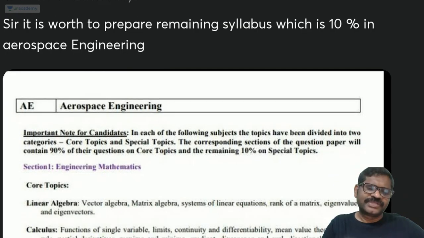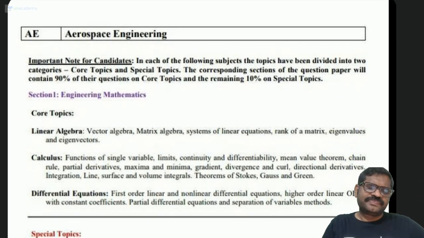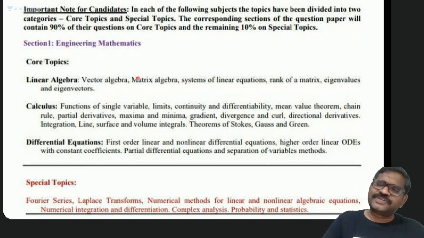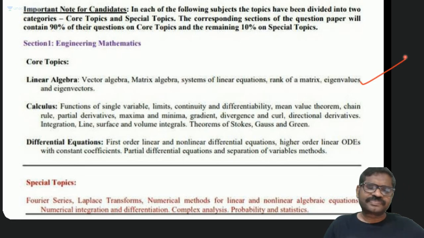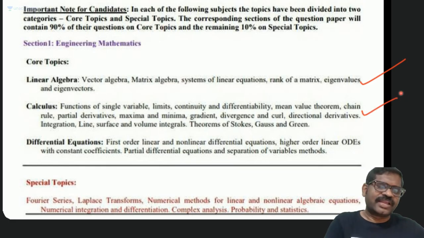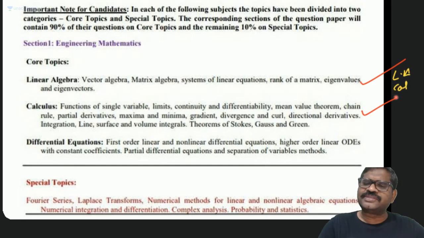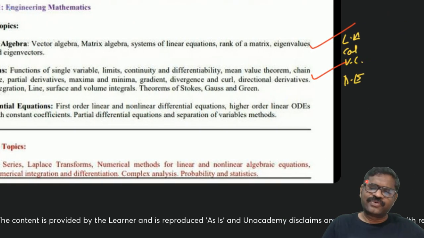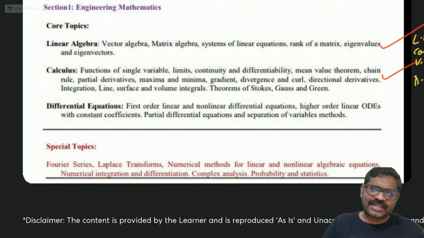Nikhil, linear algebra, the entire syllabus you have to practice. Calculus and vector calculus, linear algebra, calculus, vector calculus are compulsory, differential equations compulsory, then Fourier, probability and statistics are there, complex variable is there.